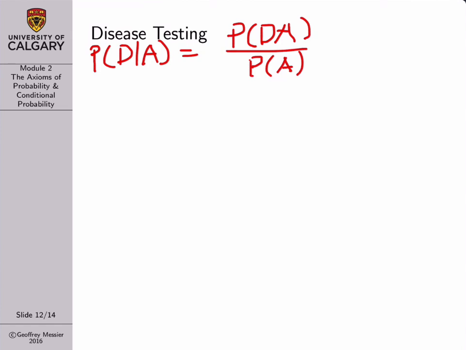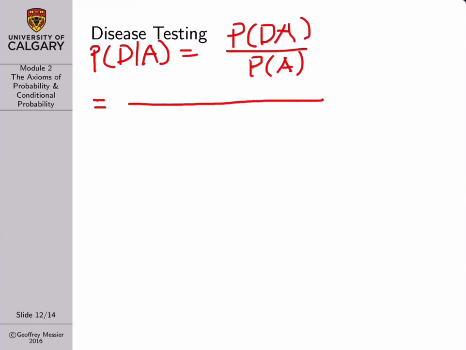So if you look at the information we had on the previous slide, we don't have any of this information at all. So rather than just giving up, let's manipulate this equation to see if we can get it in terms of something that we actually have.